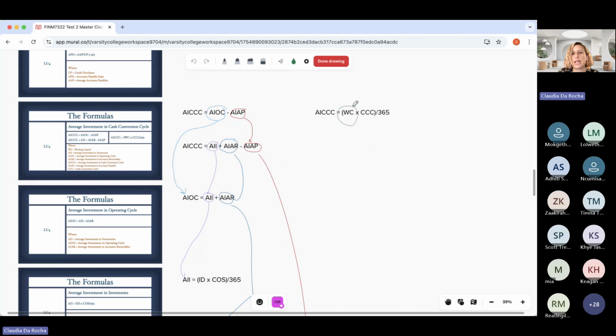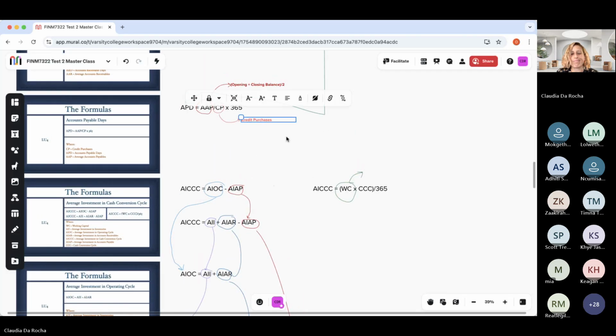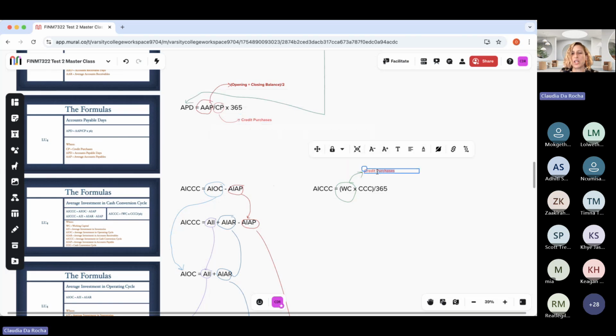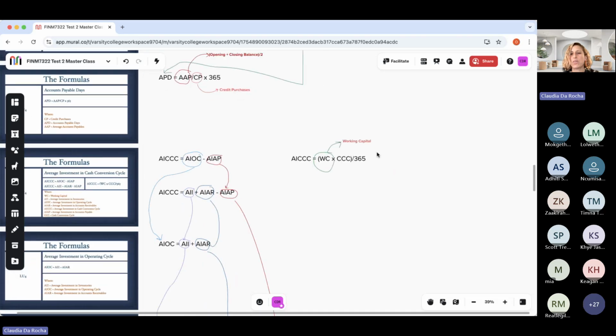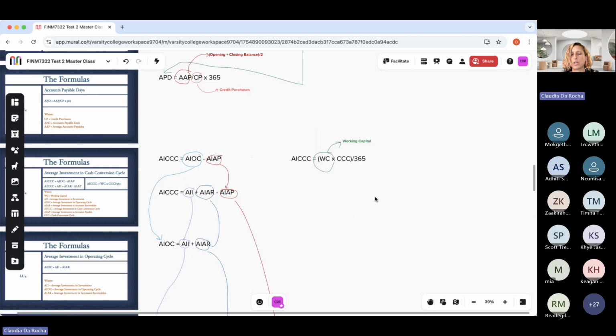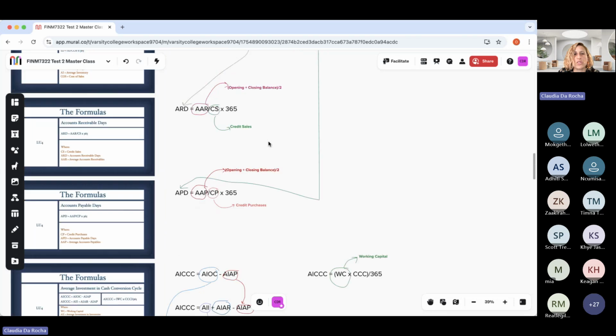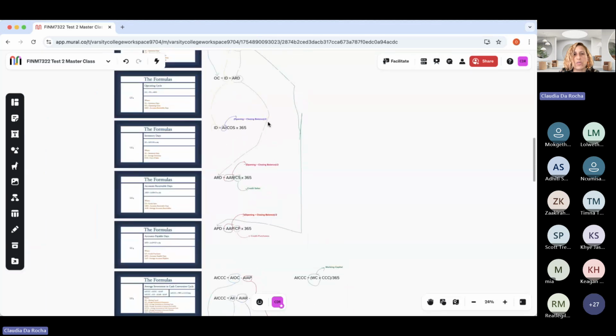So we have our working capital here, which, like I said before, if you get current assets and current liabilities, you add up all your current assets and less your current liabilities to get this amount. The other alternative is they give it to you, a total investment amount. So just be careful when you're tackling a question like this. And you have your cash conversion cycle, which we had done over here.